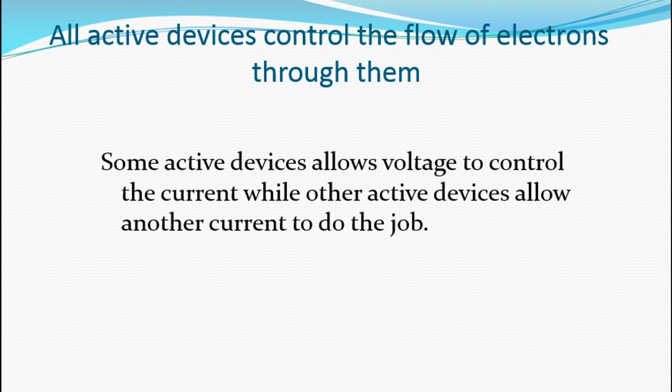What I mean is that there are some components called voltage control devices and current control devices. That is why I say all active devices control the flow of electrons through them, which means there are components said to be voltage control devices and current control devices.